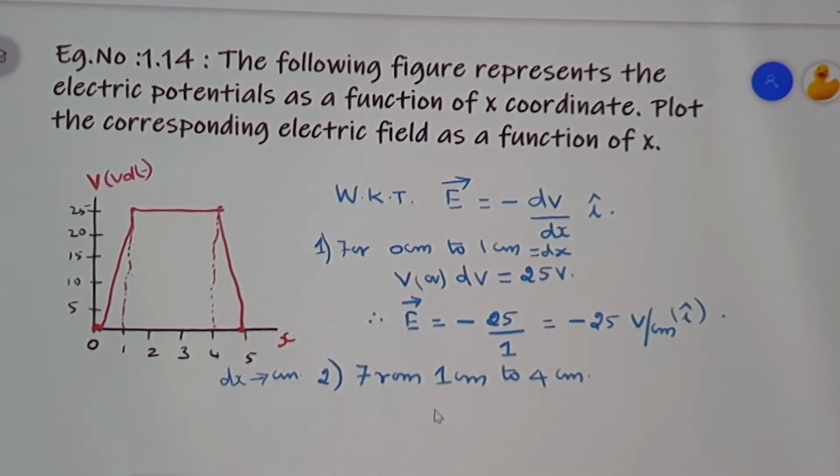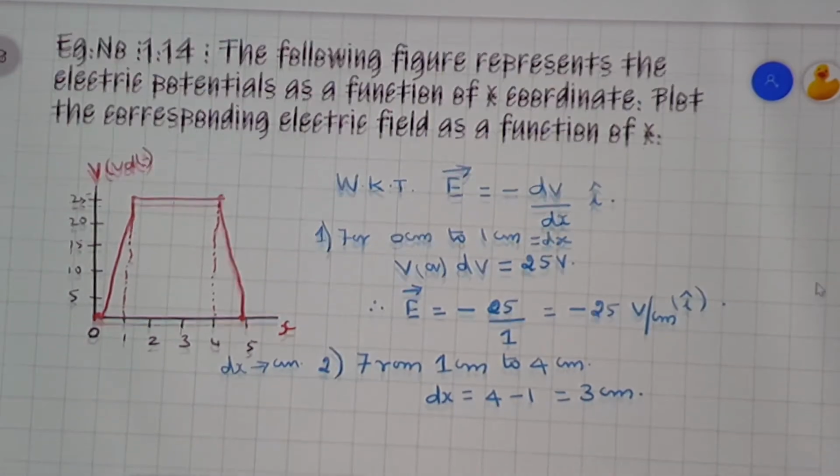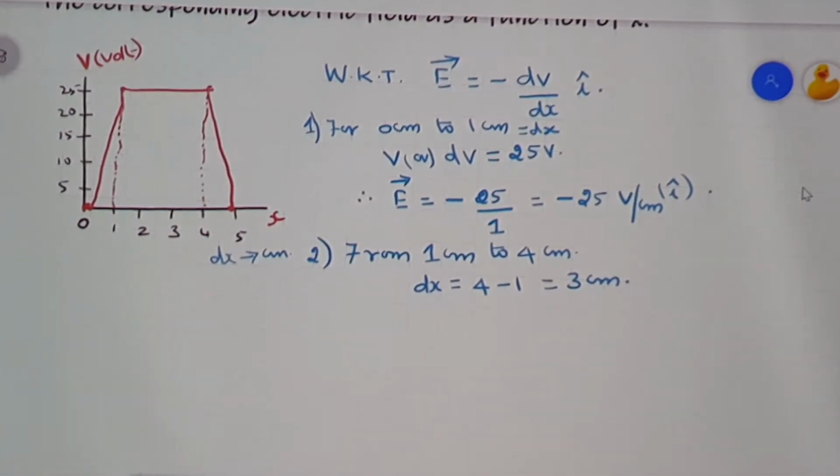The change in distance dx is 4 centimeter minus 1, which is equal to 3 centimeter. During this change, the value of potential is constant. That is, dV is equal to 0, because the potential remains constant at 25 volt.